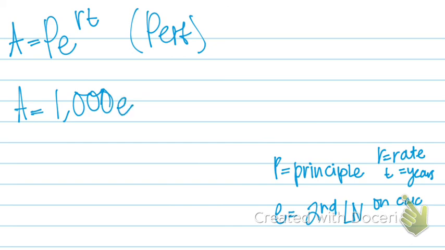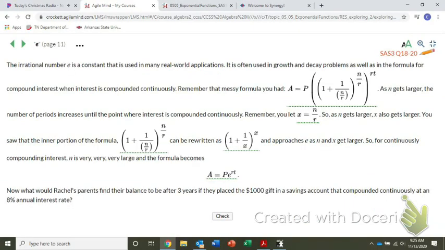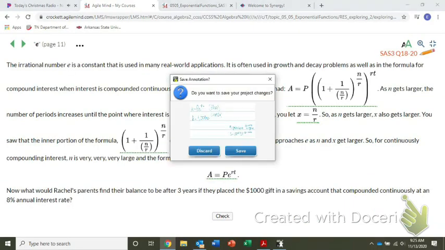What is my rate? It's 8%, so in a decimal it's going to be 0.08. And my years is 3. So, you go over here to your calculator.